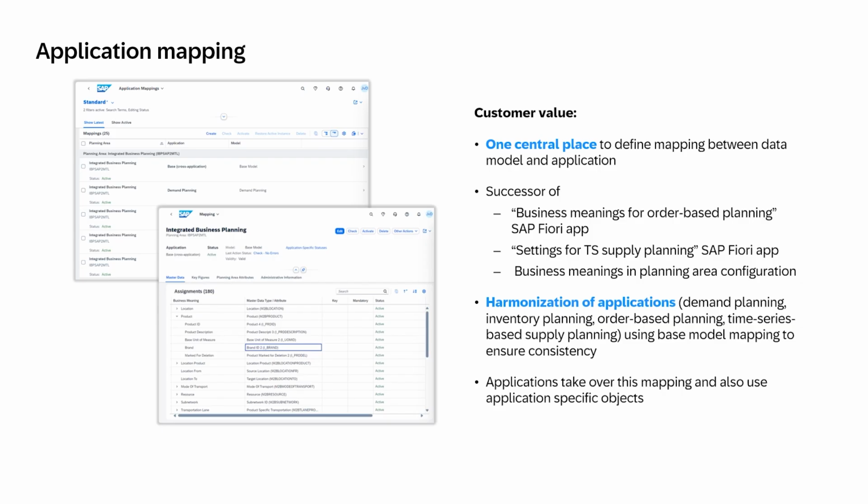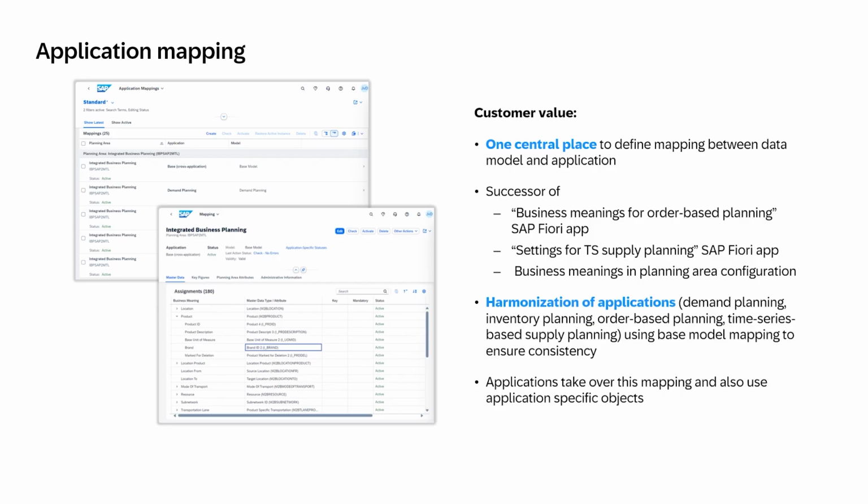Okay, so application mapping, we have got two things. One is application specific mapping. For example, we have got demand specific mapping, supply specific mapping, inventory specific mapping. These are called application specific mappings. And then on the bottom, we have something called a core. This core is then taken by all the applications.